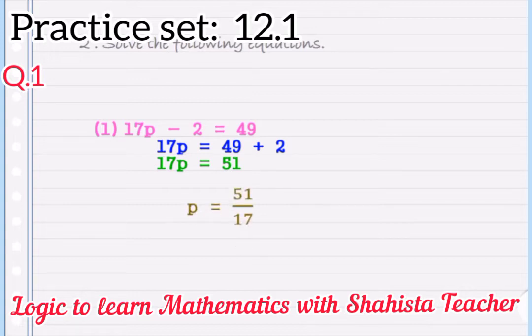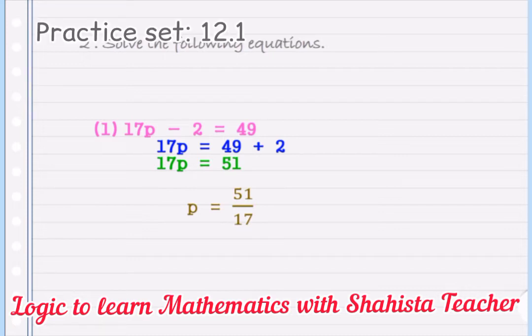After dividing this, we get p is equal to 3. 17 ones are 17, 17 threes are 51. So p is equal to 3.